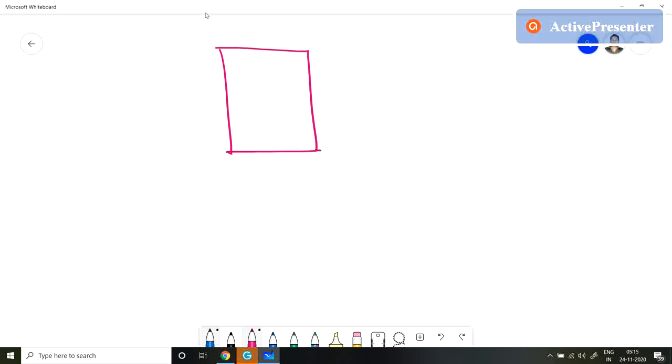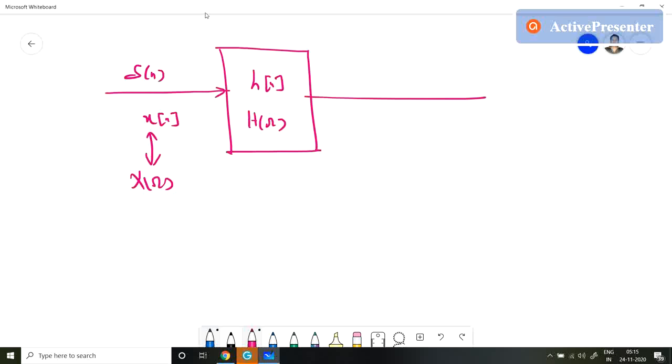So we have h[n] and we have H(Ω). Then we have δ[n] and x[n], so we have X(Ω) here.